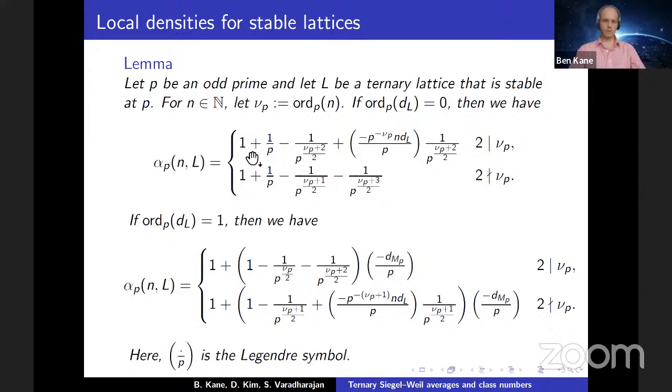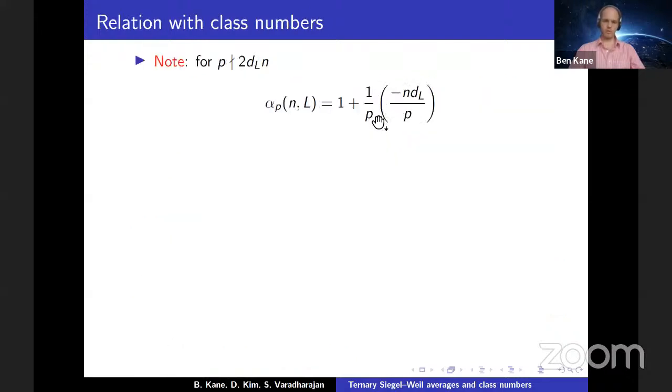If nu sub p is 0, then we have 1 plus 1 over p minus 1 over p, so those cancel, plus minus N D_L over p, divided by p. So 1 plus the Legendre symbol times 1 over p. And this is exactly the Legendre symbol for the field, essentially. The field Q adjoin square root of minus N D_L, which is exactly what's showing up in our formulas. So this is sort of natural in some sense.